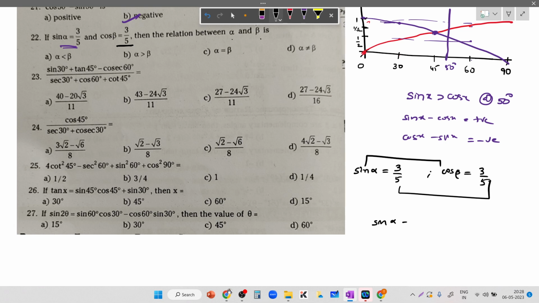That means sin alpha is equal to cos beta. Now here, if I use the complementary concept, I can write cos beta as sin 90 minus beta, right? Because sin 90 minus theta is the same as cos theta. Now on both sides sin gets cancelled. Alpha is equal to 90 minus beta, and alpha plus beta is equal to 90. That means alpha and beta are complementary.